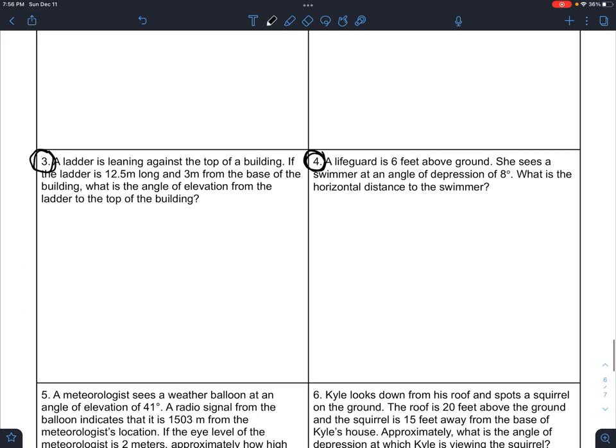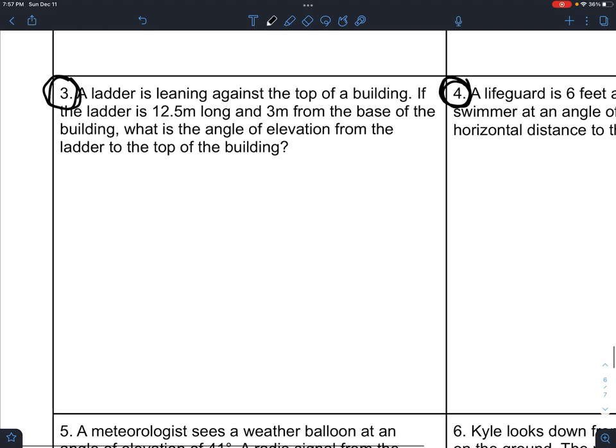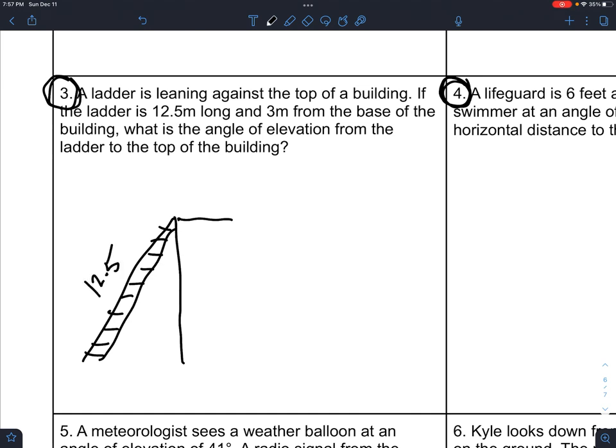Let me do two of the harder ones in the homework here. A ladder is leaning against the top of a building. The ladder is 12.5 meters long, and it's 3 meters out from the base. See that right triangle there? What's the angle of elevation of the ladder to the top of the building? This would be technically the ladder's horizon line, and the ladder is tilting up.